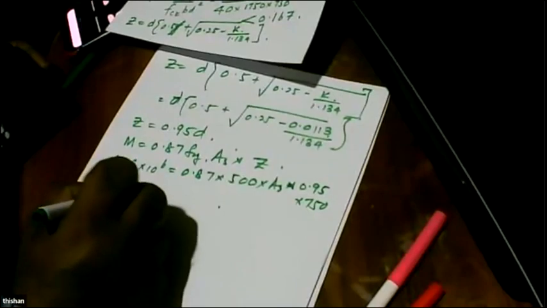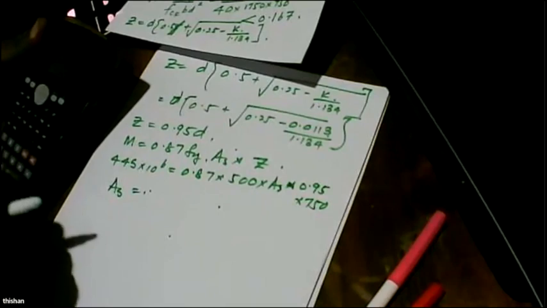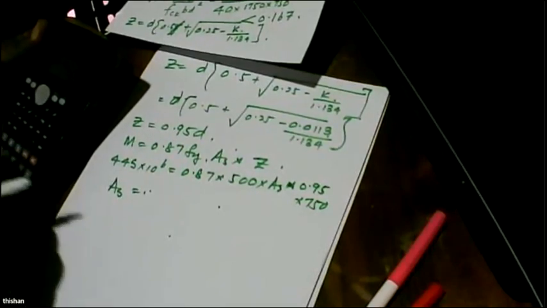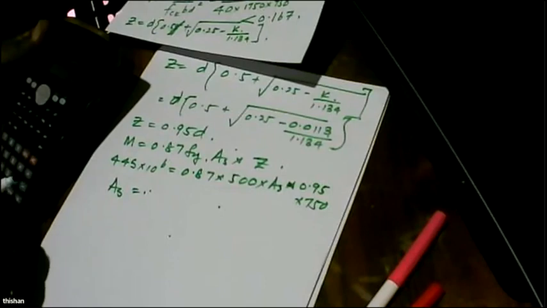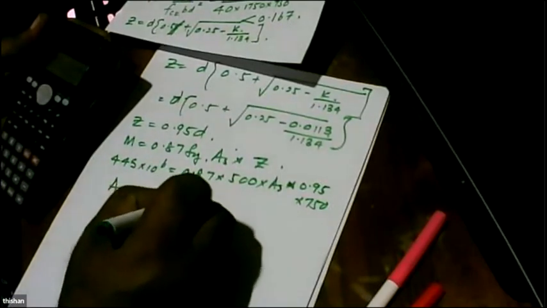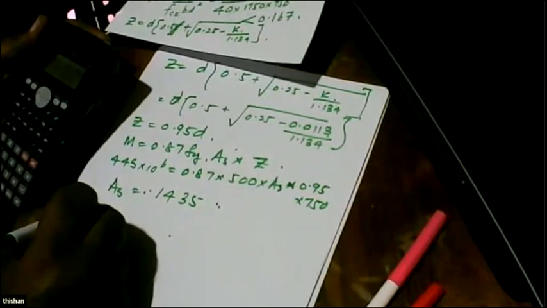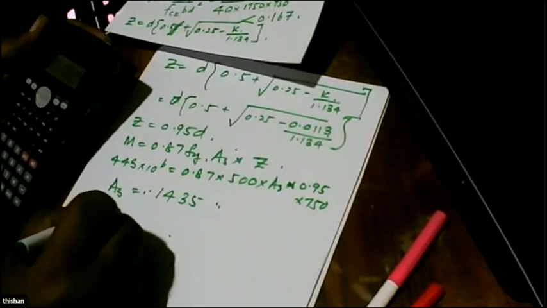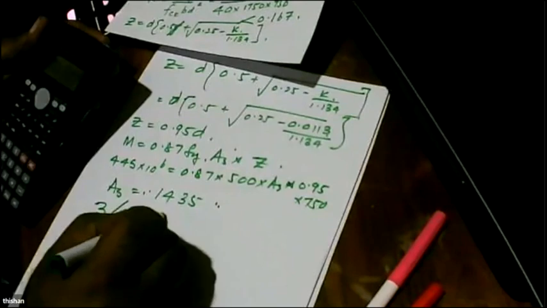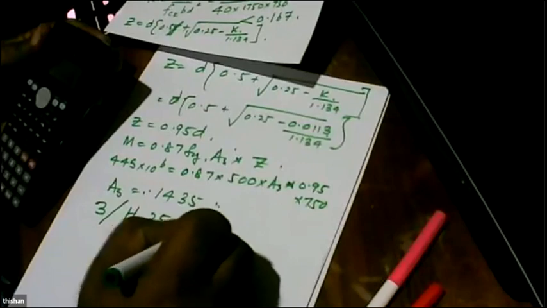From this you can find the value of As: 445 to the power 6 divided by 0.87 divided by 500 divided by 0.95 divided by 750, and you will get 1435. Which means you will need something like 3 of H25, giving 490 into 3, 1470.